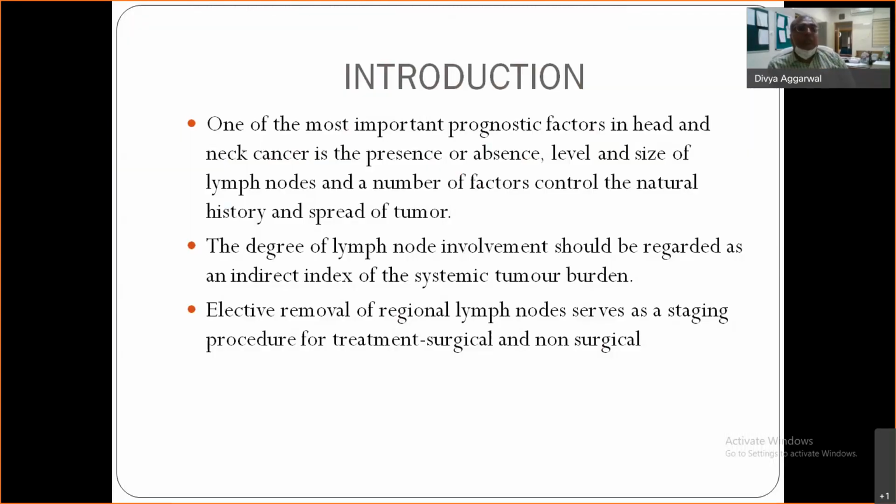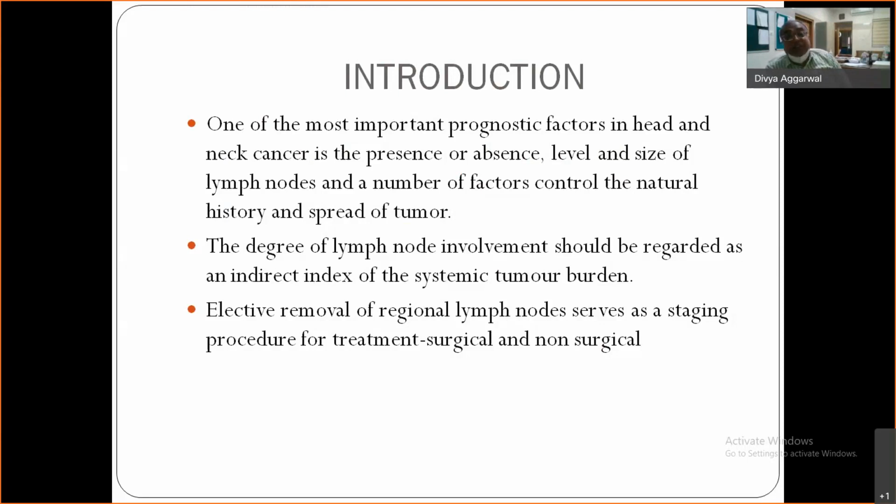So, introduction. One of the most important prognostic factors in any head and neck cancer is the presence or absence of neck nodes, its level and the size of lymph nodes, and a number of factors control the natural history and spread of tumor based on this neck node involvement. The degree of lymph node involvement should be regarded as an indirect index of the systemic tumor burden.